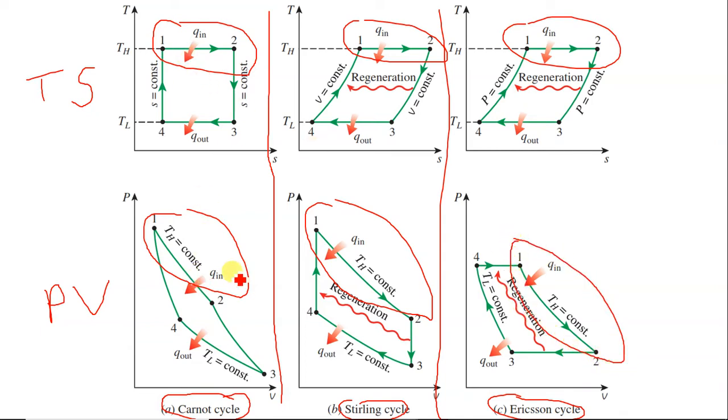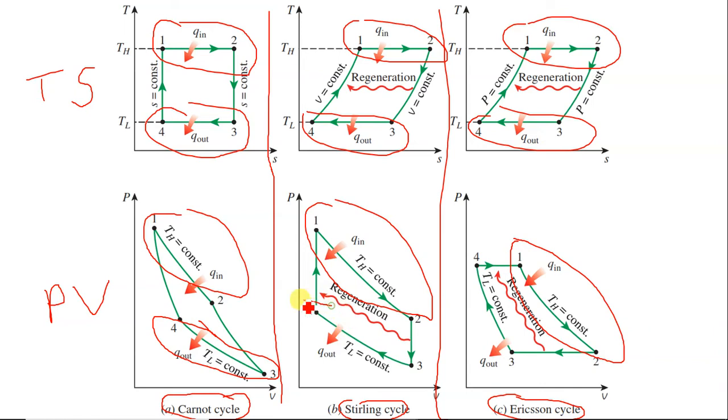We have an isothermal process in all three cases, and this bottom part, 3 to 4, 3 to 4 and 3 to 4, is the same again in the Carnot cycle, Stirling cycle and Ericsson cycle.